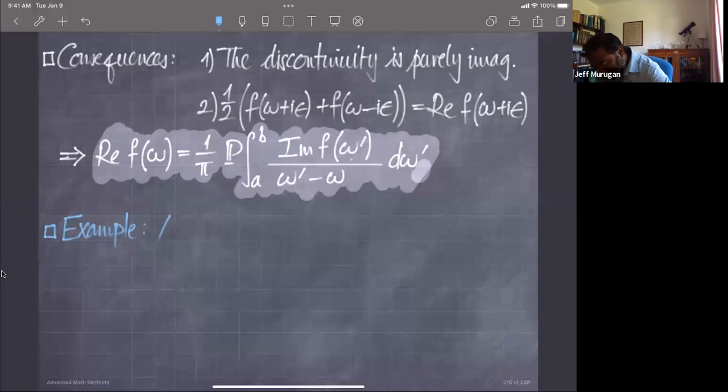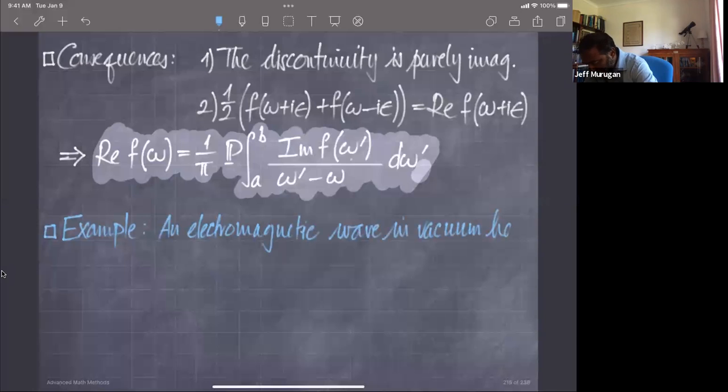So an electromagnetic wave in vacuum has the plane wave form E of x and t.